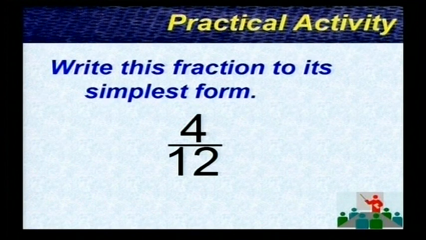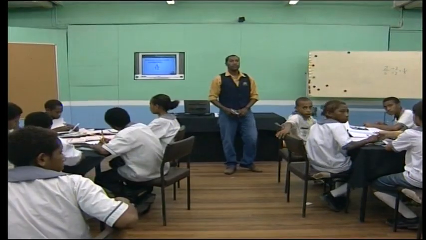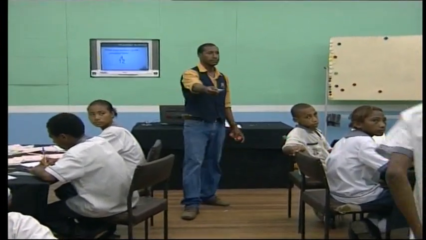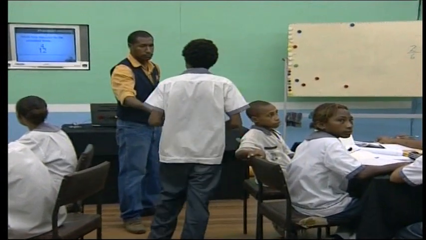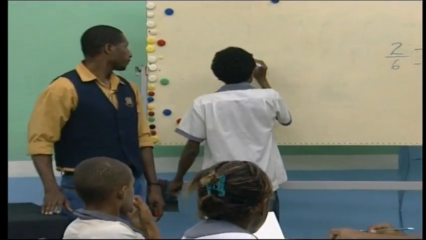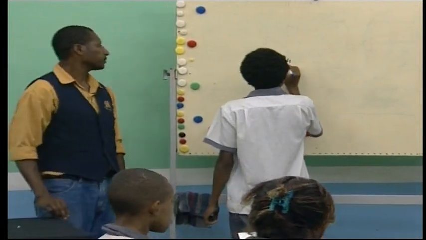Okay, class, I think you have found the answer already. I'll have Donald show us the simplest fraction of 4 over 12 on the board. So let's have Donald. Write it big.